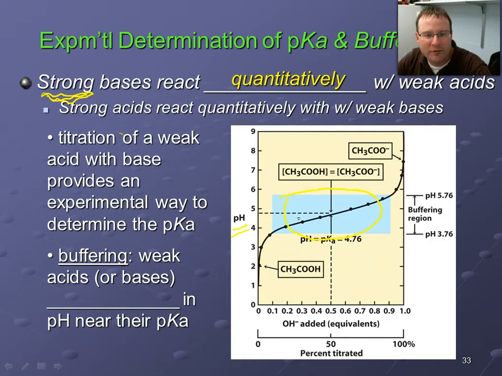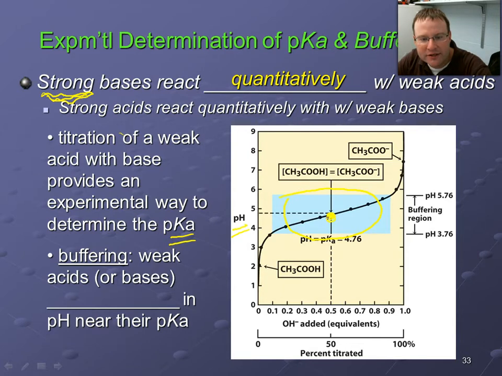But the cool thing about buffering is that it gives you a great way of experimentally determining the pKa value. The pKa value is the point at which you are half titrated, the point at which you've added a half equivalent of hydroxide to your weak acid. So at this point, 50% of your molecules are in their acid form, 50% of your molecules are in their conjugate base form.